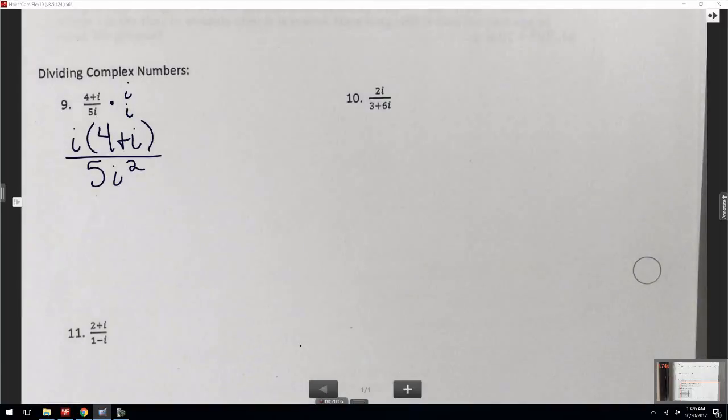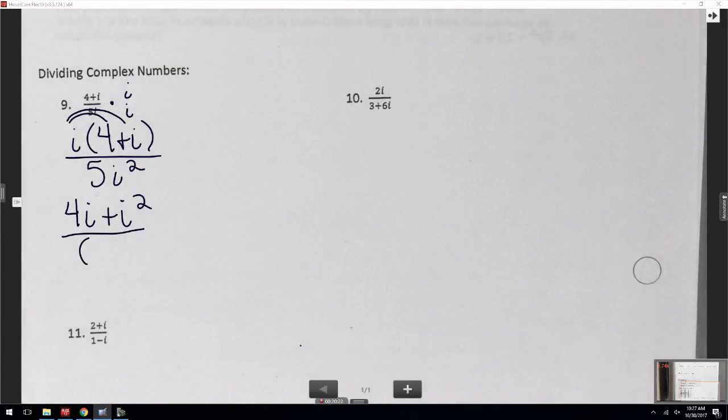All right, let's distribute this guy on the top. What would that give me on the top, guys? 4i plus i squared. And if you're a smarty pants, you know that's just negative 1. Very good. And on the bottom is 5 times negative 1, right? You don't have to write that step if you know it's negative 5.